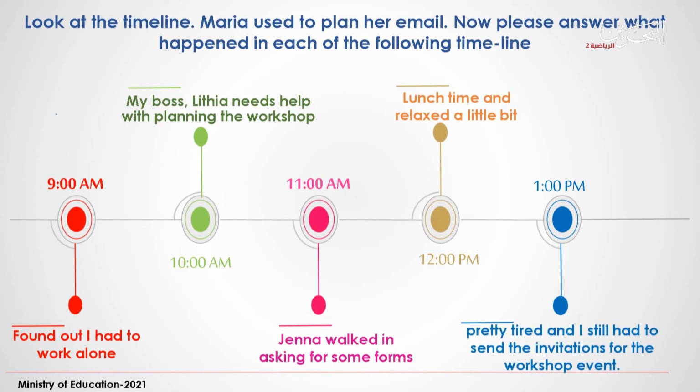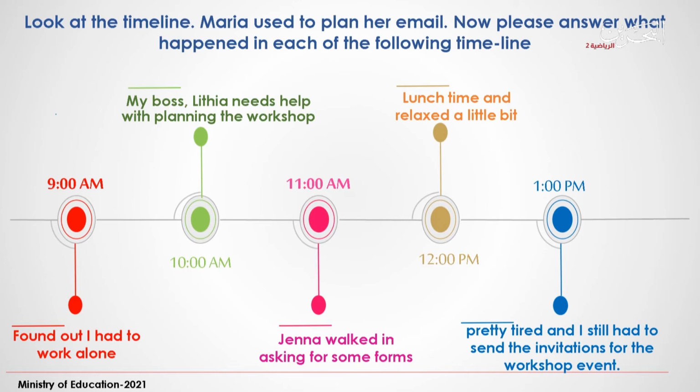So, if you remember, at around 9 o'clock, Maria found out that her colleague Jack was going to be out, so she had to work all alone. Whereas around 10, Lisa needed help in planning her workshop. Around 11ish, Jenna walked in asking for some forms while she was reading her emails.